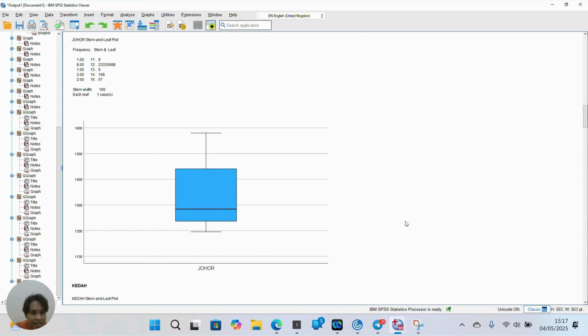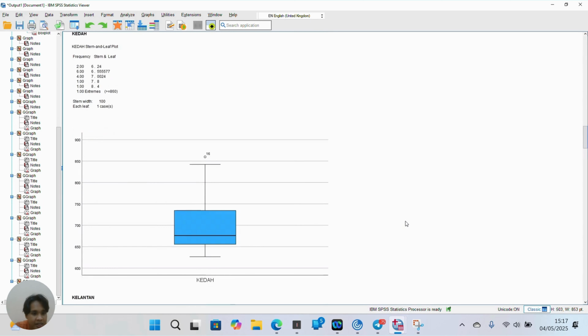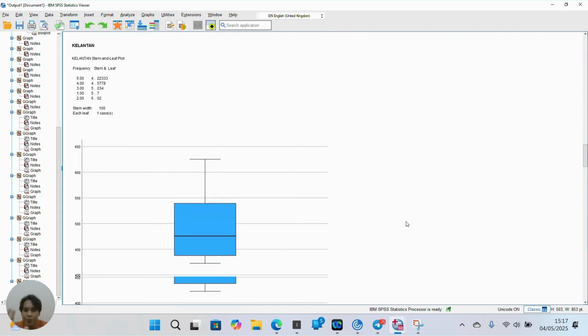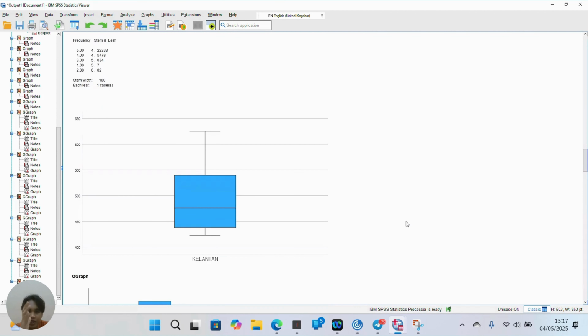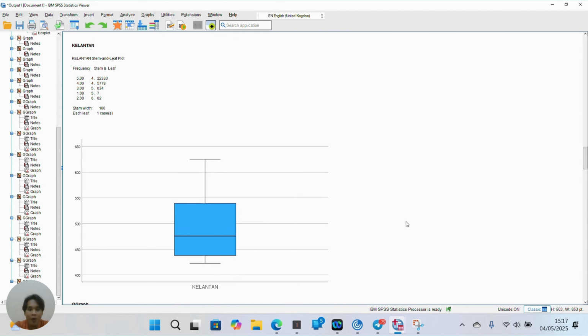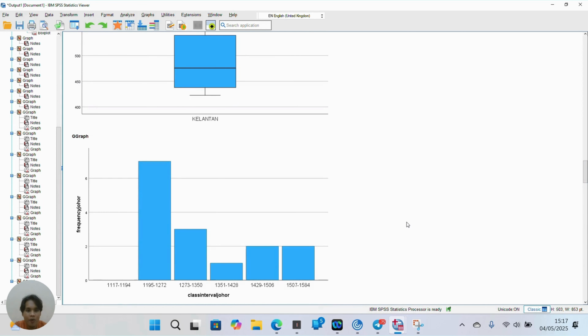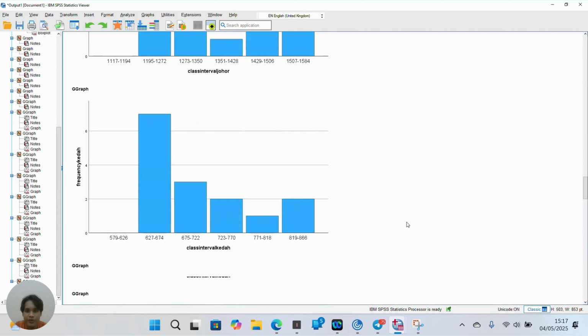Also, we get the median, variance, standard deviation, minimum and maximum value, range, interquartile range, skewness, and all the important data that we need for our analysis on this project. So we can see that each state has its own data from SPSS software.